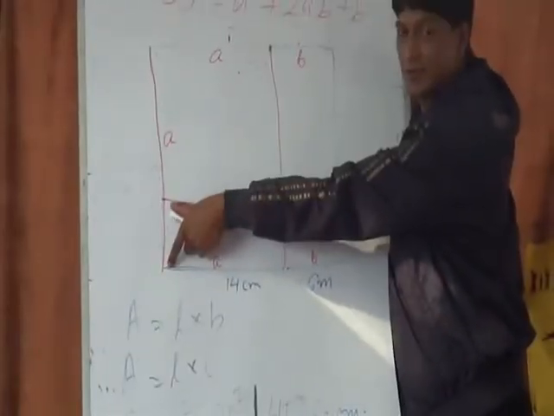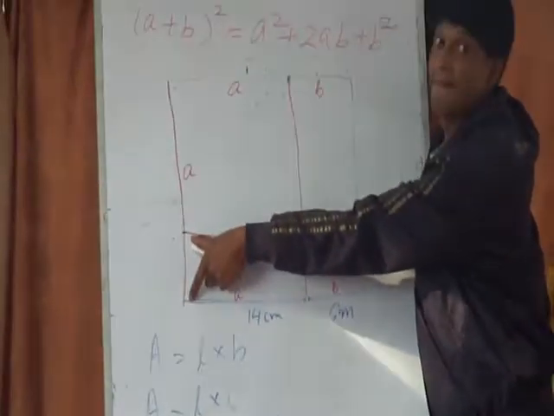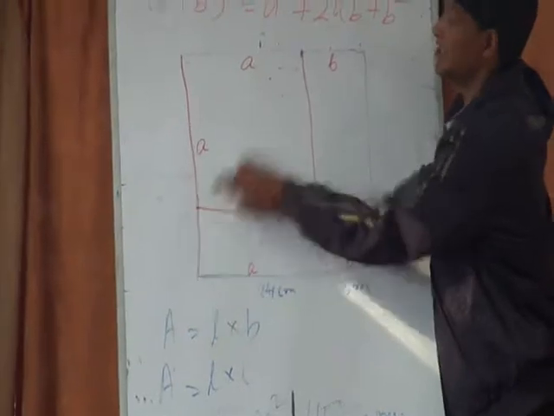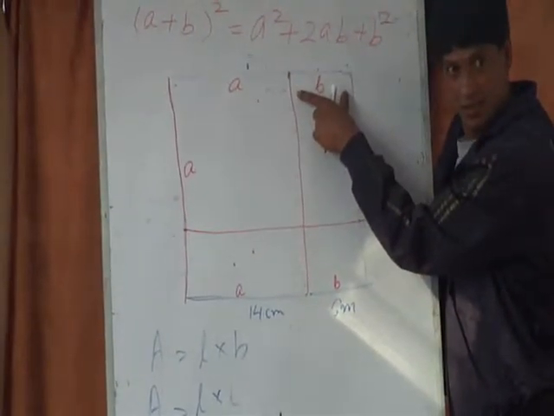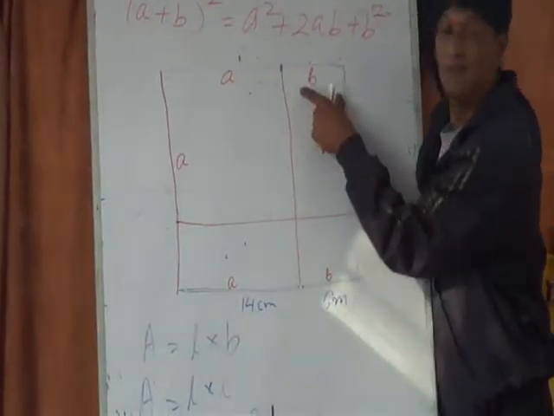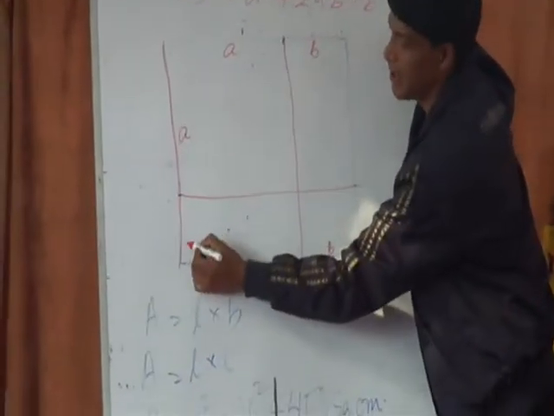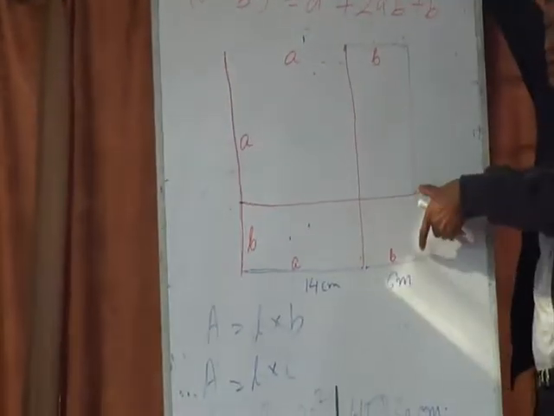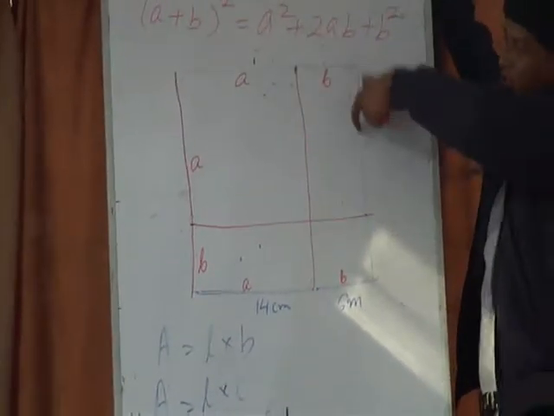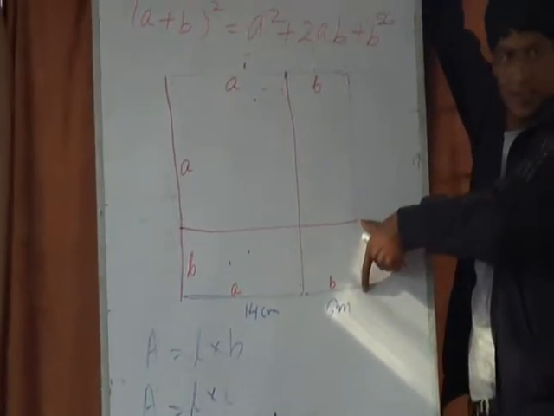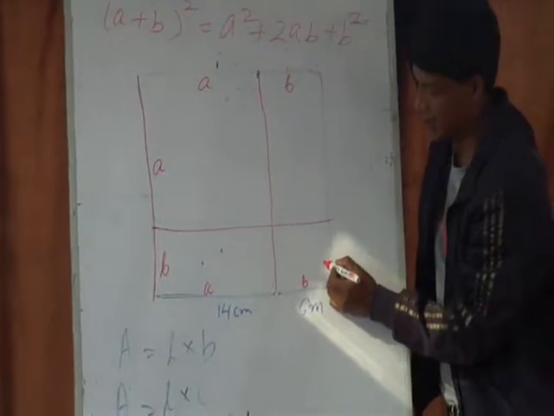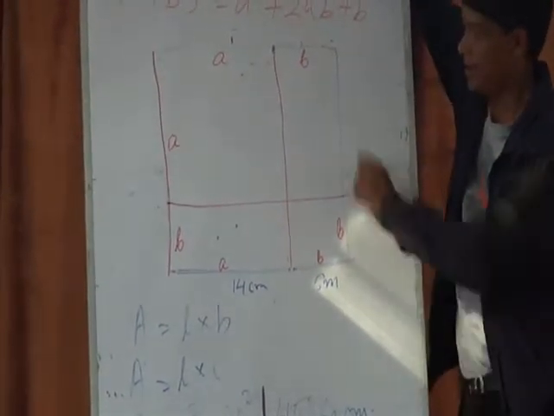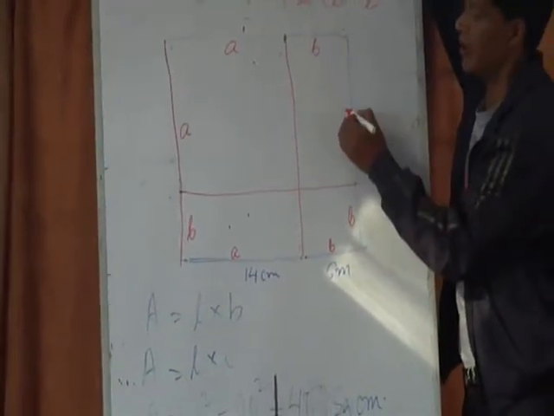How many centimeters is this one? 6. So does 6 equal this one? So this one also is b units. So if this one is b units, this one also, because we have measured 14, no? So the rest is 6. So this is also b units.